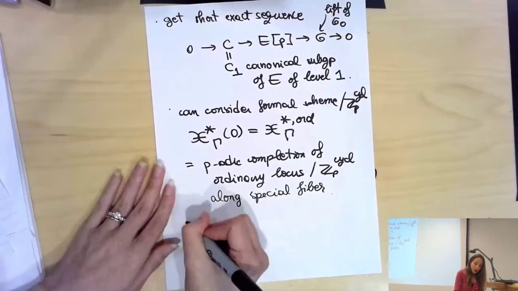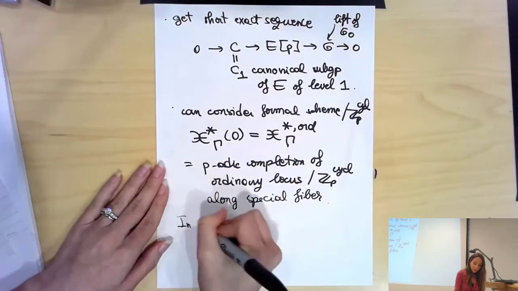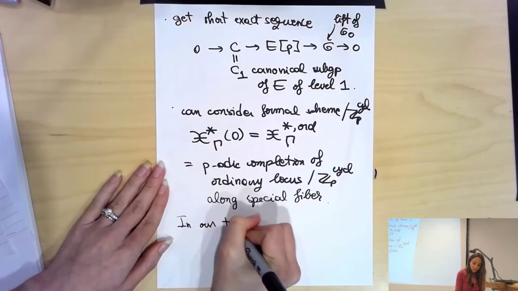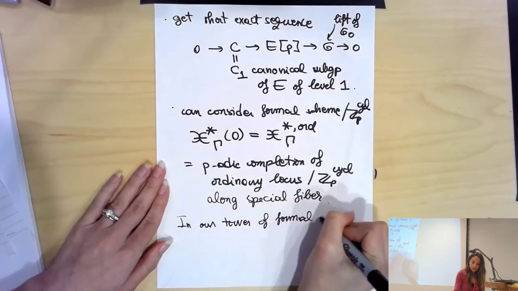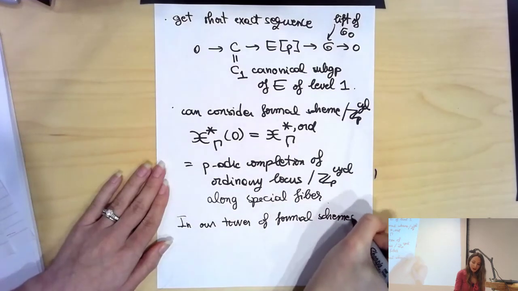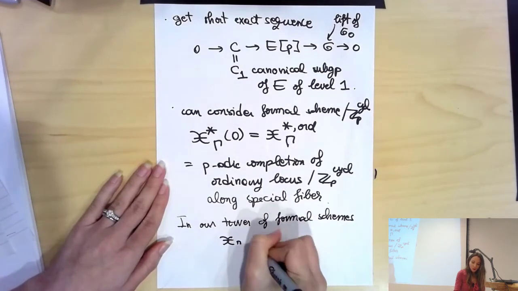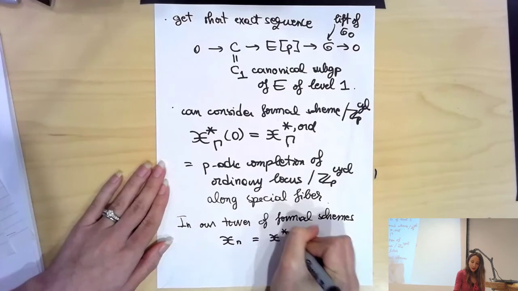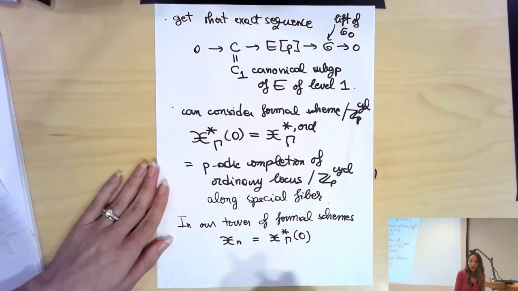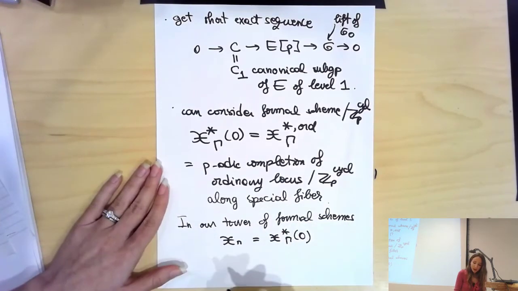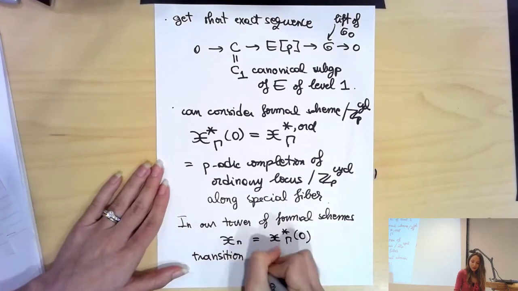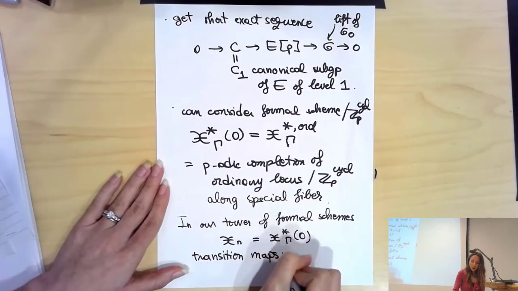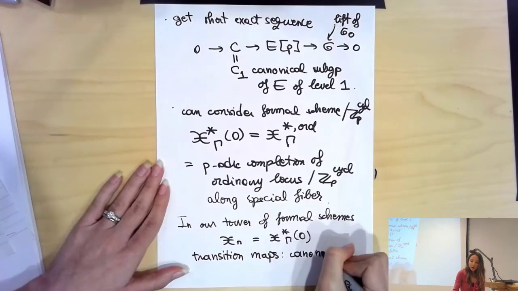So in our tower of formal schemes, Xn will always be X star gamma 0, so it'll always be the ordinary locus, and the transition maps will be certain canonical lifts of the relative Frobenius.